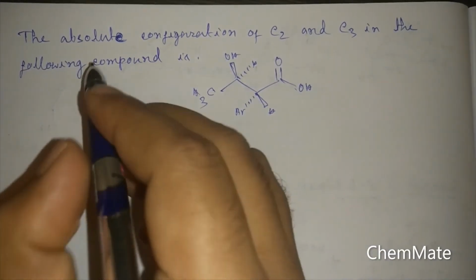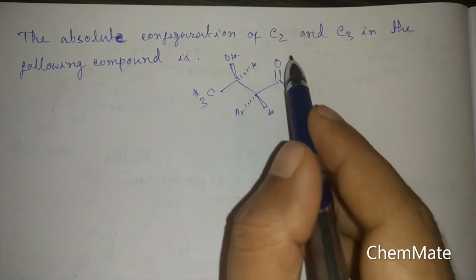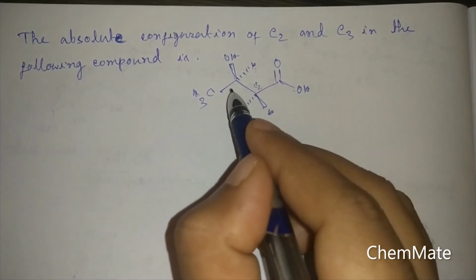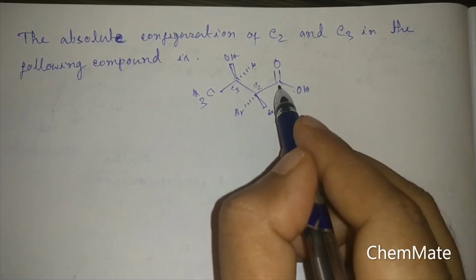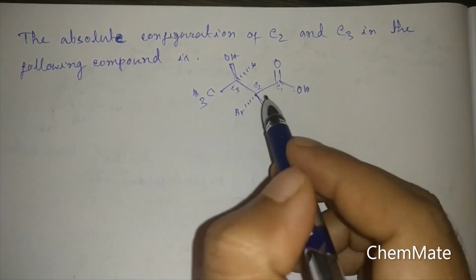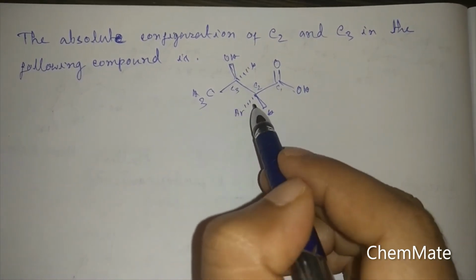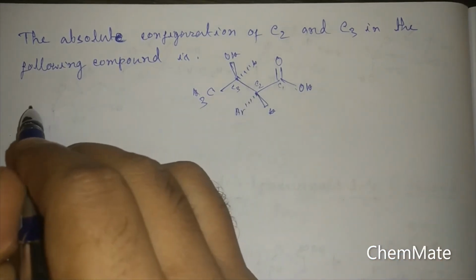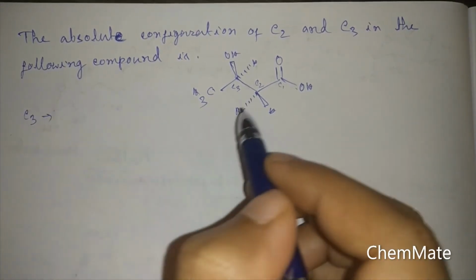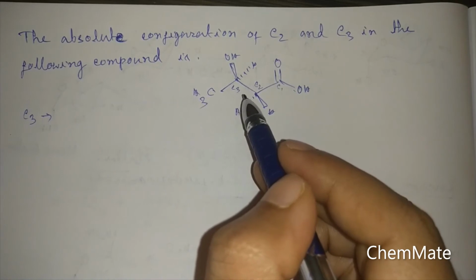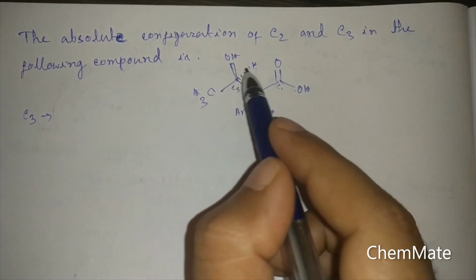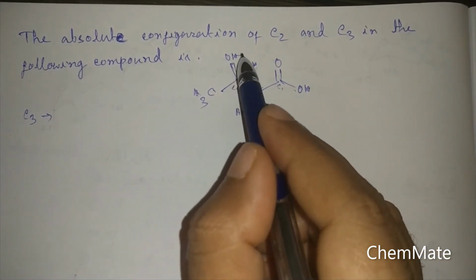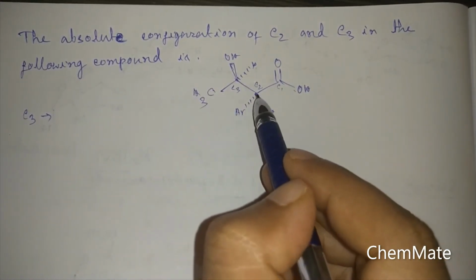Next question: the absolute configuration of C2 and C3 in the following compound. So this is C2, this is C3, and this is C1. So we have to determine the configuration of C2 and C3. For C3, first we have to determine the priority sequence of the 4 groups attached to this chiral carbon. This is an OH group, this is CH3, and this is another group.